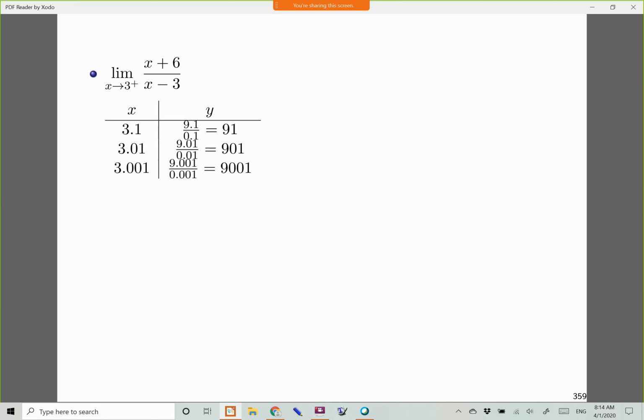You see a bit of a pattern here: 91, 901, 9001. You can double check or write out a little bit more of the arithmetic later. It's not the thing I wanted to focus on, but you'll see that as you get x values that are closer and closer to 3, the y value just keeps exploding to bigger and bigger positive numbers. So based on the information about the y coordinates, we will conclude that this one-sided limit is equal to plus infinity.